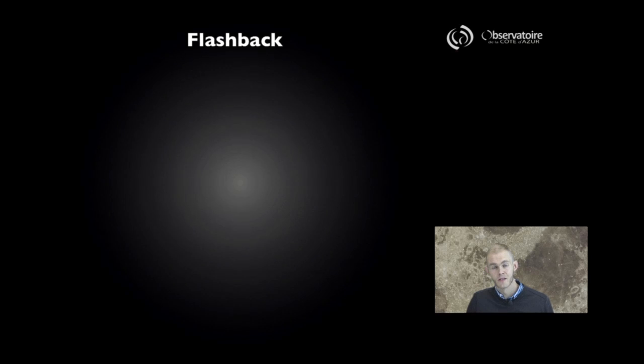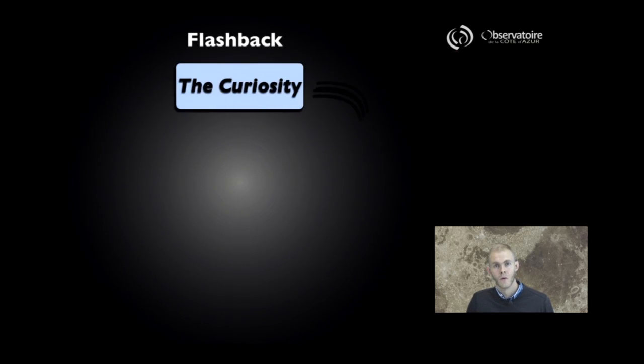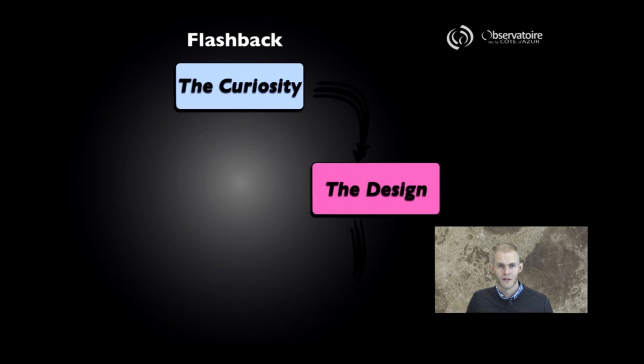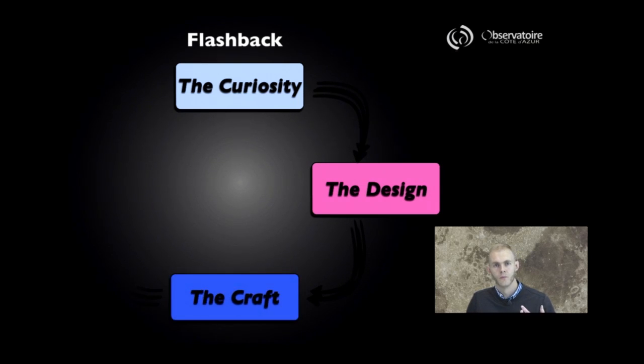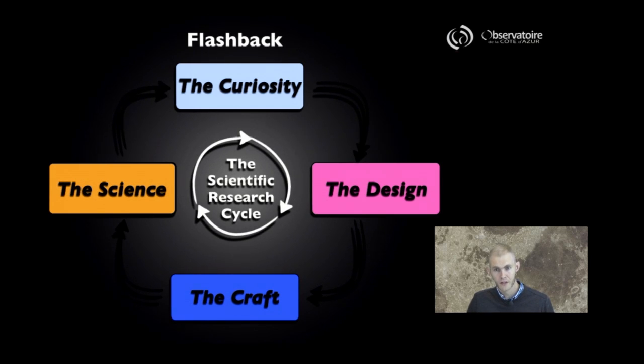Now I want to start with a little flashback about something that was covered in the very first unit of this course that described what I think is a good outline of the general cycle of the scientific production, going through 4 phases that started from an initial curiosity that motivated the development of this entire field.